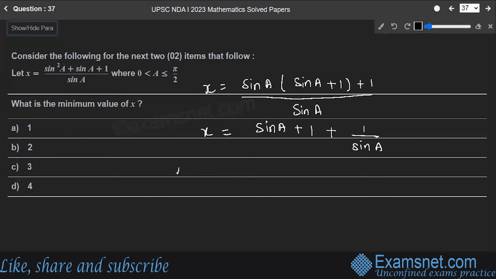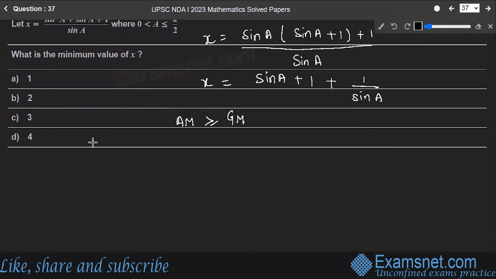Now we know that the arithmetic mean is greater than or equal to the geometric mean of any two numbers. That means if I add both of them, the arithmetic mean, sine A plus 1 upon sine A, whole divided by 2.